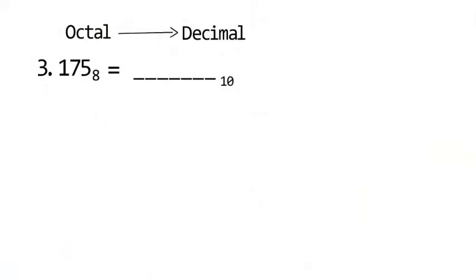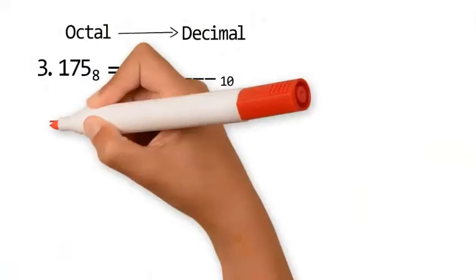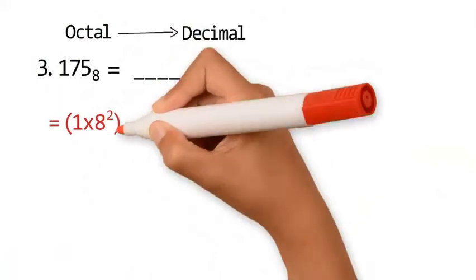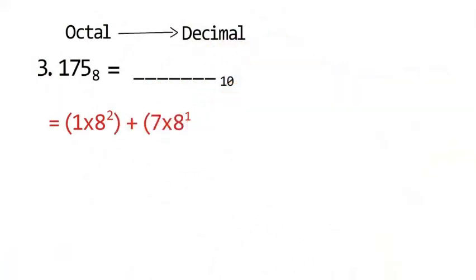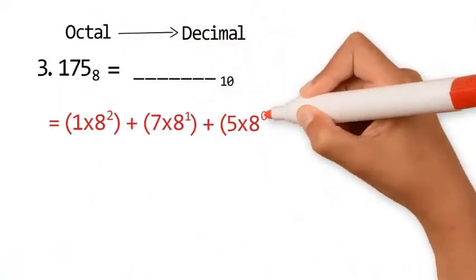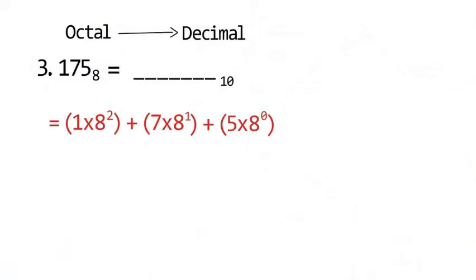To convert octal to decimal, we will get the sum product of each digit with the decreasing power of 8 for octal. So the solution will be 1 times 8 raised to the power of 2 plus 7 times 8 raised to 1 plus 5 times 8 raised to 0.